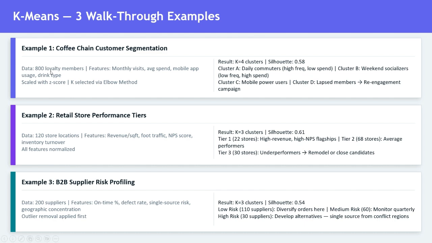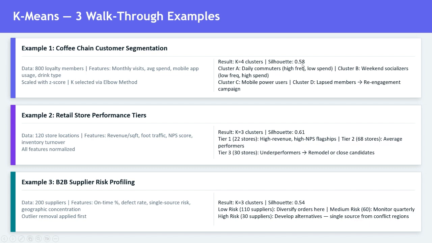We have 800 loyalty members, and the variables are monthly visits, average spend, mobile app usage, and drink type. We scaled with the z-score and then selected K via the elbow method. We'll go into the elbow method when we have the visualization. The elbow method recommended we have 4 clusters.